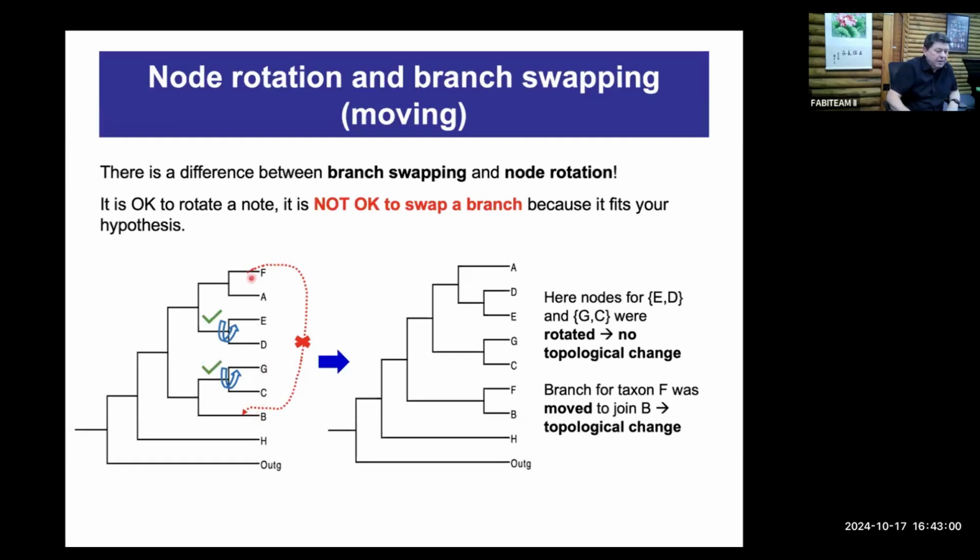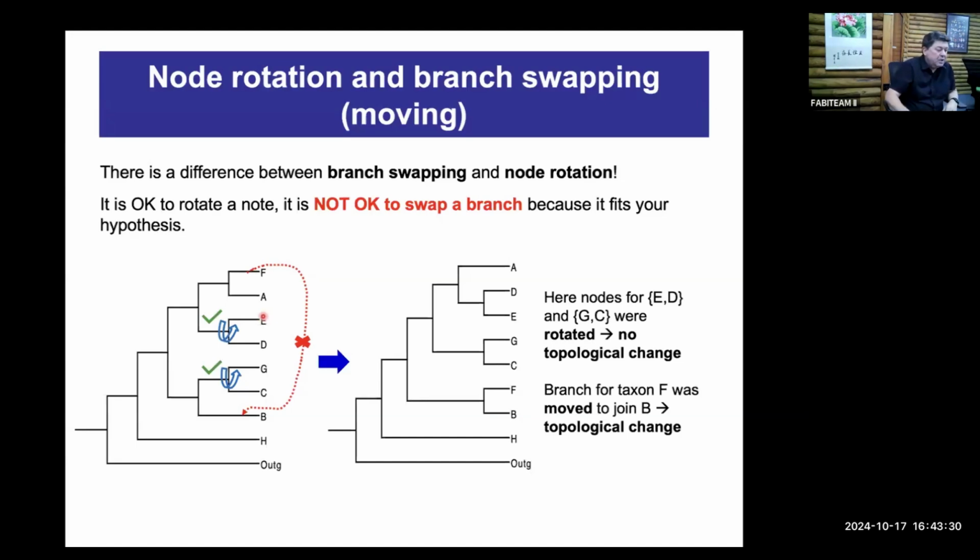That's my point. But you can rotate around the node. If you rotate the node so that E and D are rotated, D will be above E. You have not changed the phylogenetic relationship here. You've only changed how this tree looks.